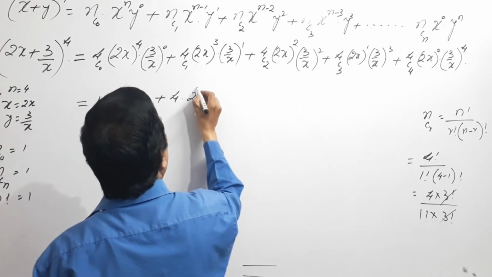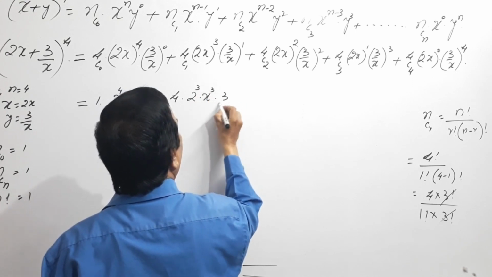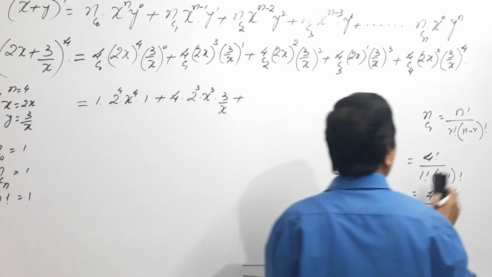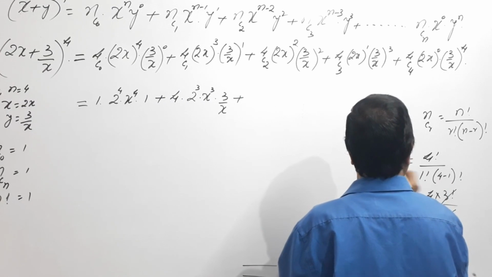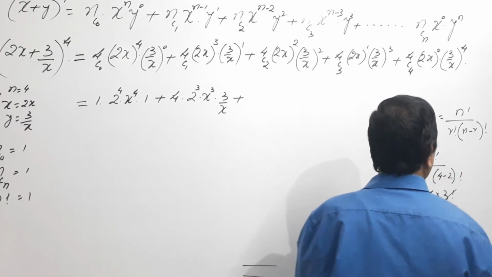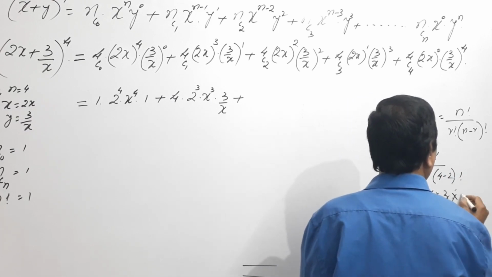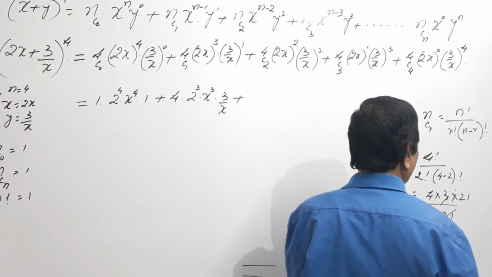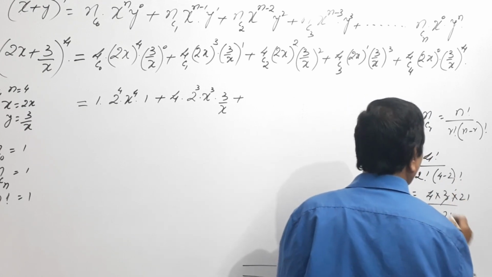2 to the power of 3, x to the power of 3 into 3 by x, plus 4C2. We will calculate 4C2. It is 4 factorial by 2 factorial into 2 factorial, since 4 minus 2 is 2 factorial.